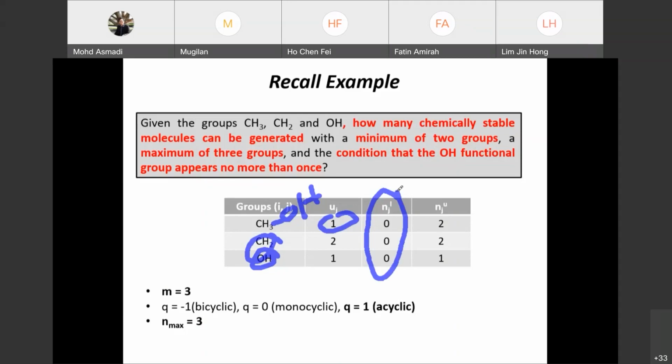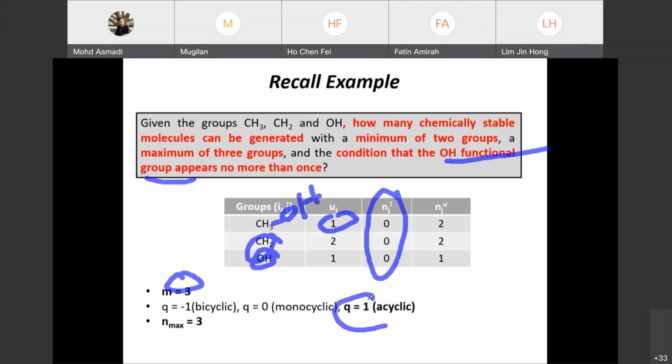There is no CH3, CH3, CH3. So I think its maximum is 2. If CH3, CH3, and there's no CH3, CH3, CH3. CH2 can be 2: CH3, CH2, CH2. So the maximum is 2. For OH, as already mentioned, only 1. So the maximum number is 3.